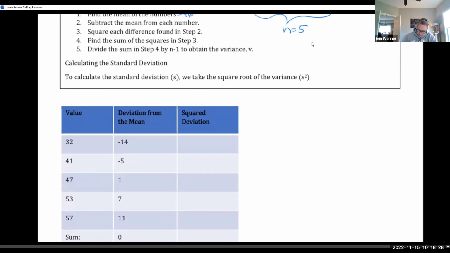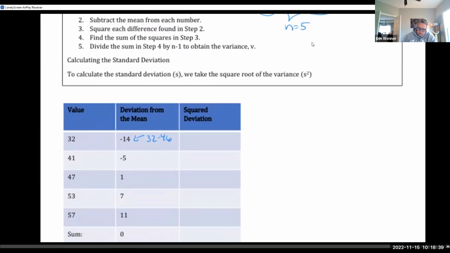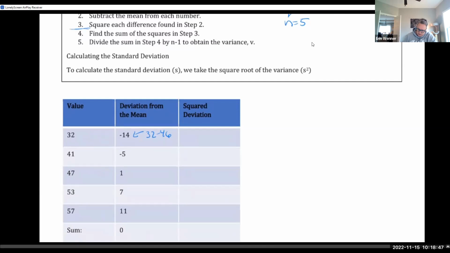Remember, in order to do this, that negative 14 came from 32 minus 46, right? We subtracted the mean from each data point. And now we're going to square the difference found in step 2. So if we got negative 14 as the deviation, we're going to square that, which gives us 196.